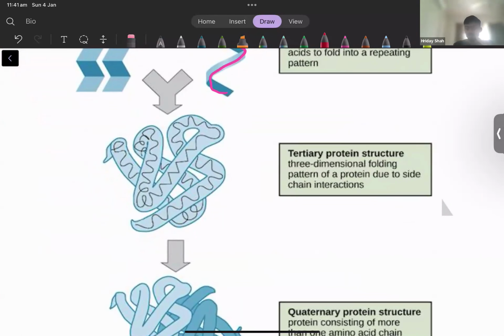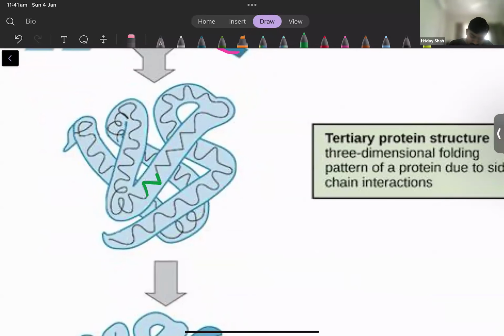Now, in this diagram here, you can see as part of that 3D shape, they will have alpha helices and beta pleated sheets embedded within them. So this here is an example of a beta pleated sheet. At the bottom is an example of an alpha helix.